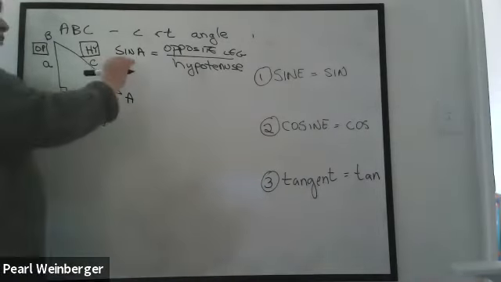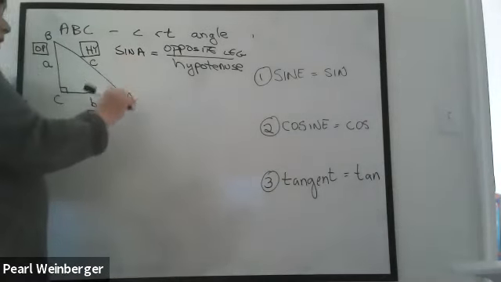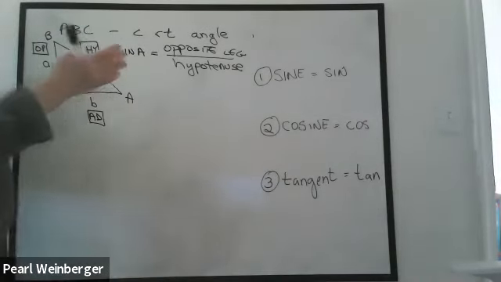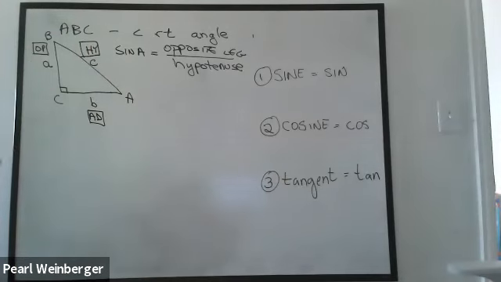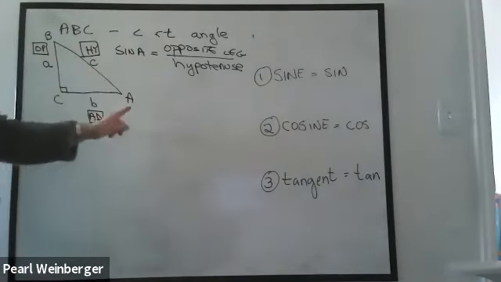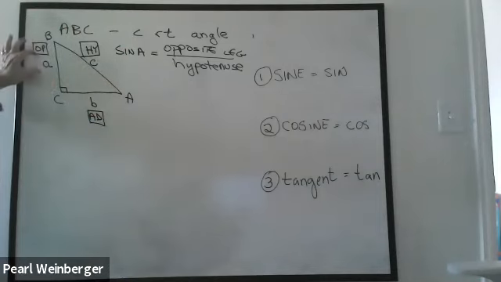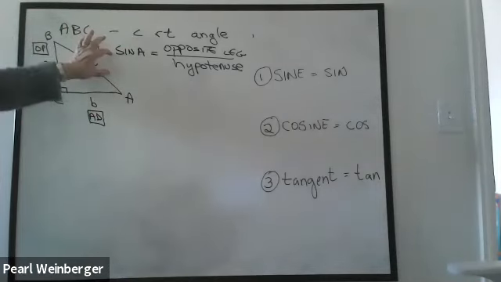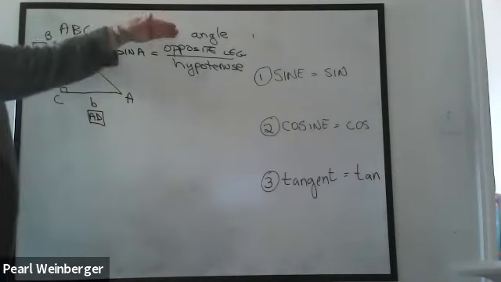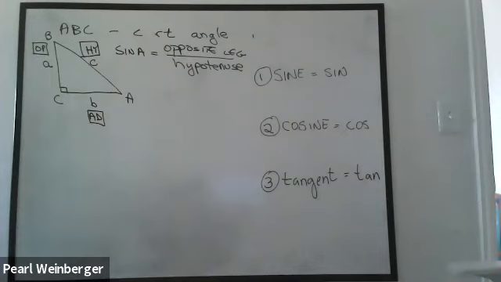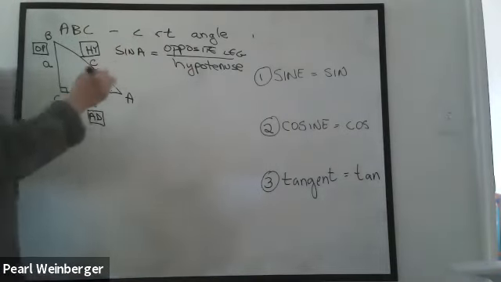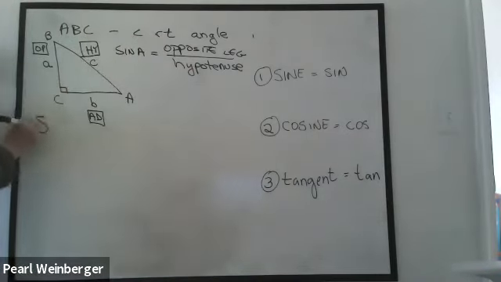So when I want to find the sine of angle A, I have to know the sides of the triangle. And all I have to do to find sine angle A is to locate the opposite side, locate the hypotenuse, and make a fraction of the opposite side over the hypotenuse. Let's just write SOH. Sine is opposite over hypotenuse.